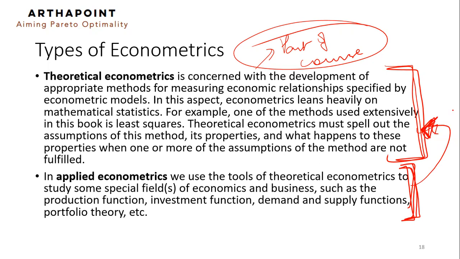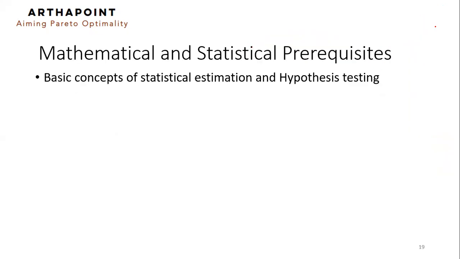Only after, and here I have two modules, module 1 or course 1 and course 2, I'll clearly lay out what is covered in what, post which I lay out what would be covered in applied econometrics. Basic concepts of statistical estimation and hypothesis testing remain a prerequisite.